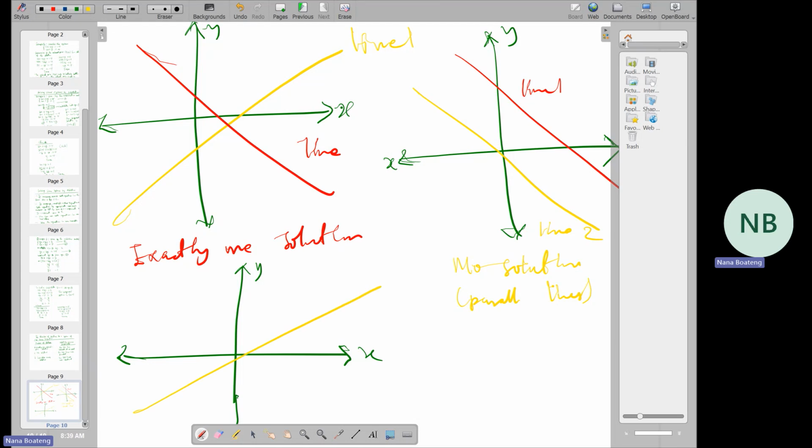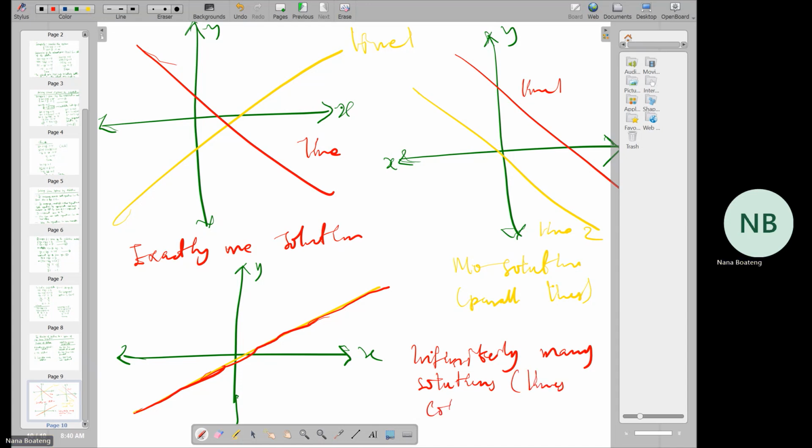Let's say this is line 1 and line 2. They both lie on top of each other. So when we have this, we say the system has infinitely many solutions, or the lines coincide. All right.